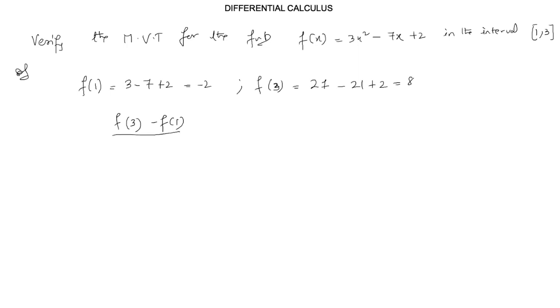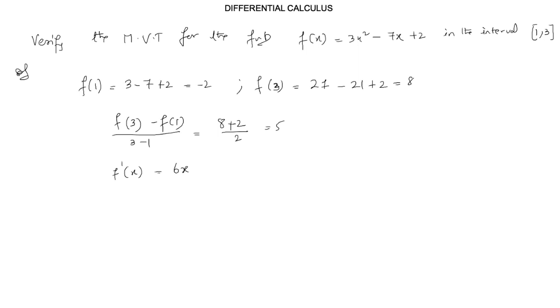So f of 3 minus f of 1 divided by 3 minus 1 gives 8 plus 2 divided by 2, which is 5.